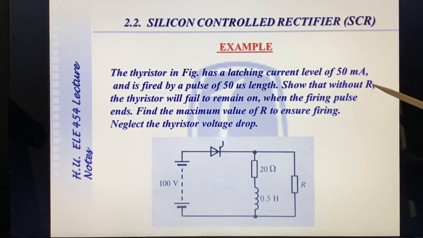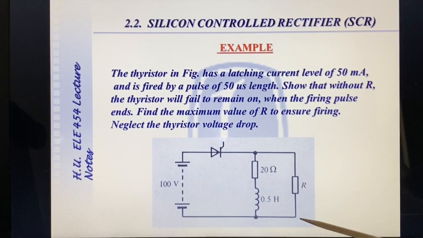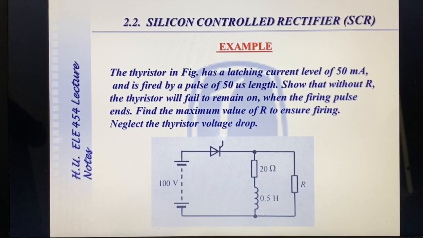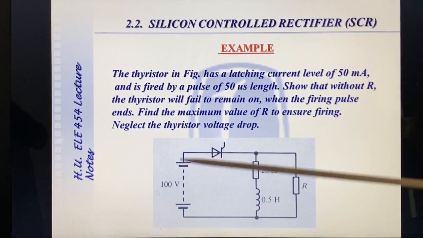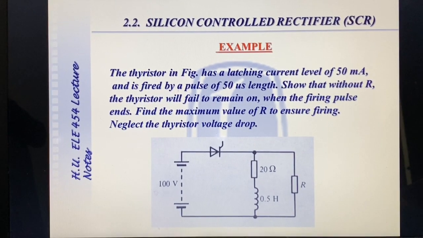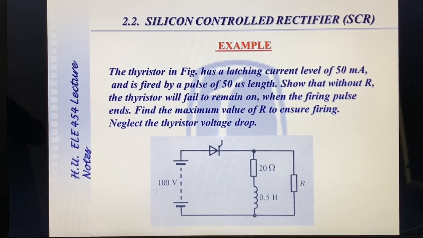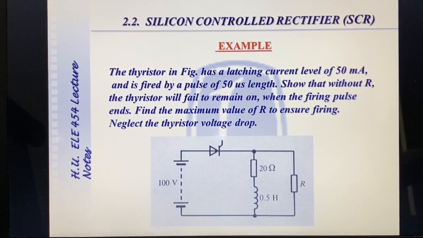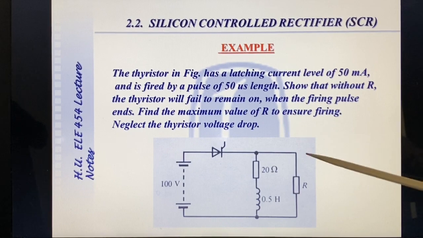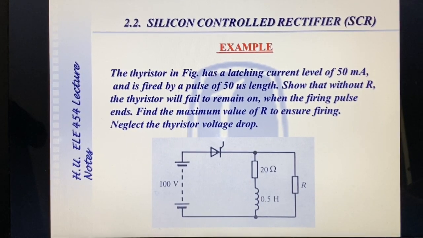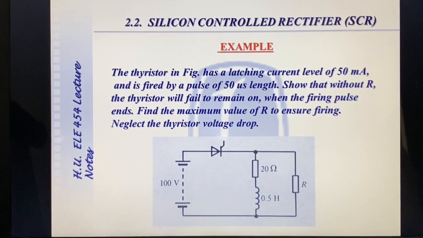Show that without R, this parallel resistance here, the thyristor will fail to remain on in this circuit of RL load, where it is supplied from a DC source, and you apply a 50 microsecond pulse at a certain instant of time. Will it turn on or not is the question. So find the maximum value of R to ensure safe firing. Neglect the thyristor voltage drops.